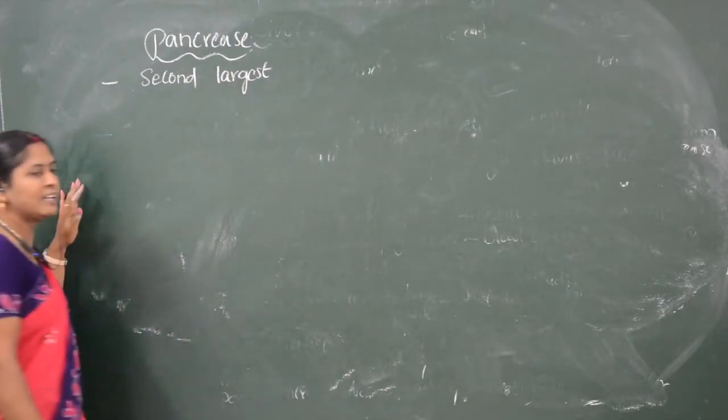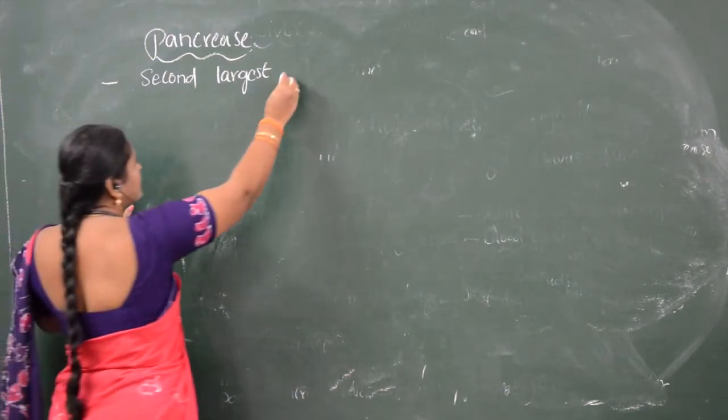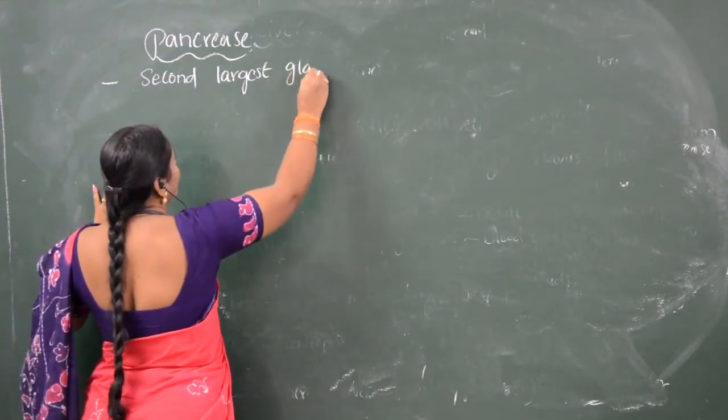Which is the first largest gland? The liver is the first largest gland, whereas the pancreas is the second largest gland.